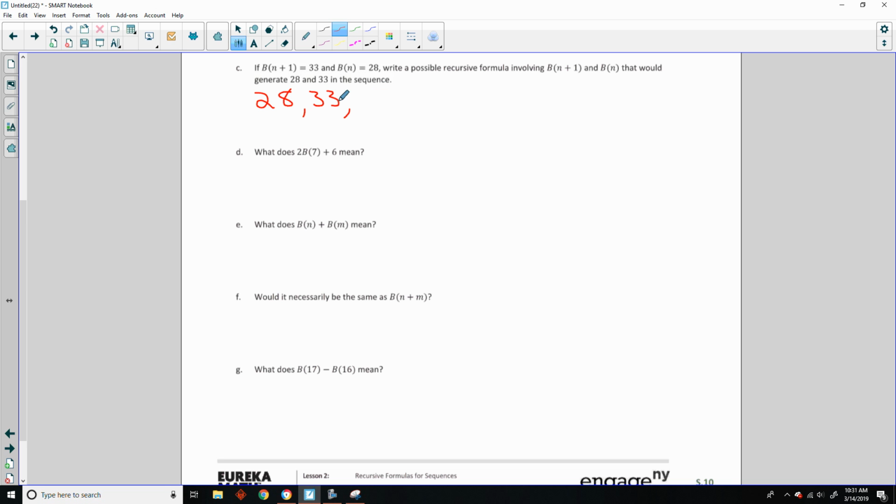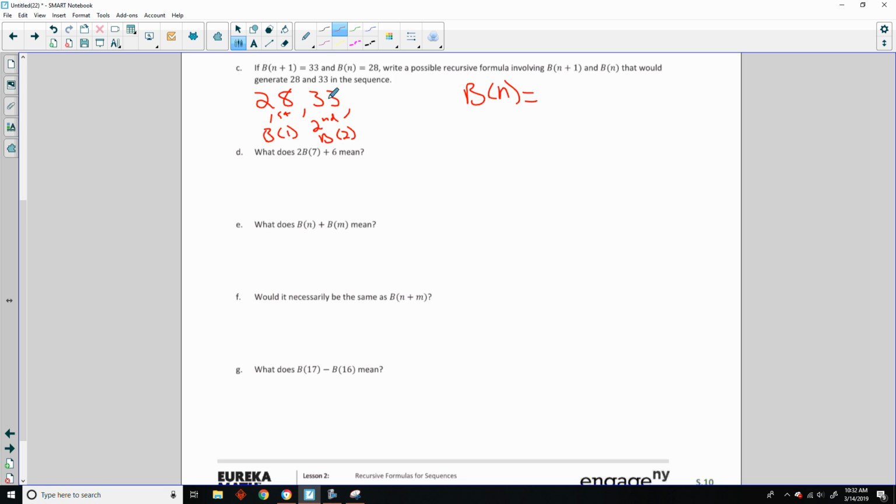sequence would generate that. Well, we want our formula to say, well, what are we doing here? How do we find the next term? Well, how did I find 33? 33 is the second term, or b of 2, and this is the first term, or simply b of 1.